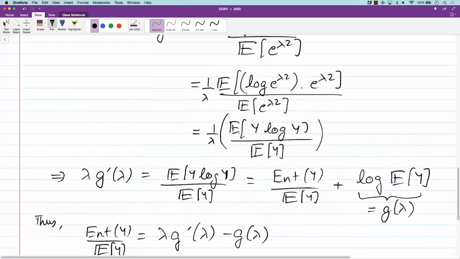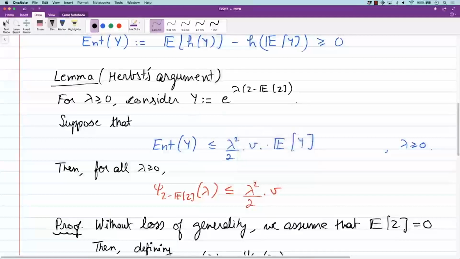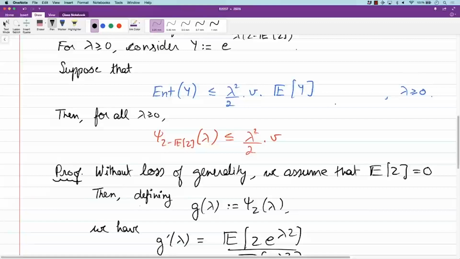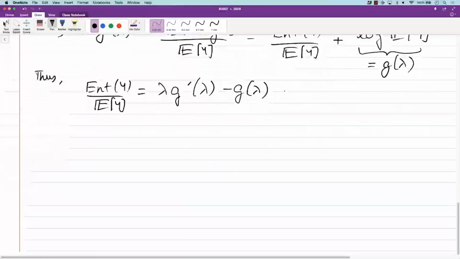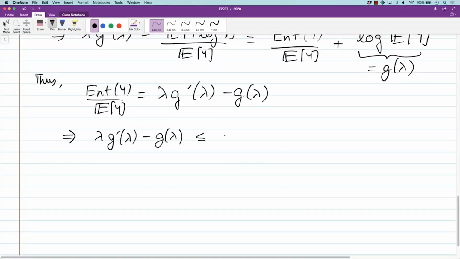But now let's look at our assumption. Our assumption for this random variable just says that this ratio is less than or equal to lambda square by 2v. That's exactly the assumption we are making. So this implies that lambda g prime lambda minus g lambda is less than or equal to lambda square by 2v.